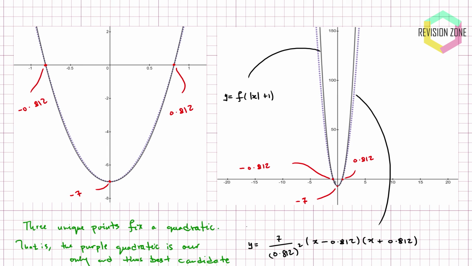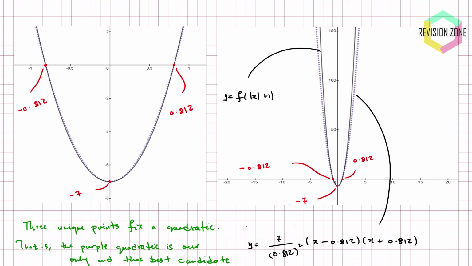What's even more special is the fact that the purple quadratic is the only quadratic which will pass through those 3 points, okay? Just as with straight lines, 2 points fix a line, with quadratics, 3 points fix a unique quadratic. So in other words, there is no other quadratic in existence which will pass through those 3 points at the same time. So this purple quadratic has to be the only quadratic which would pass through those 3 points.